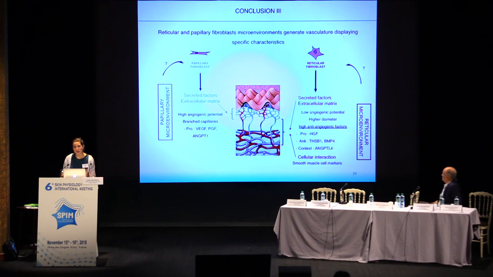To this day, using RNA sequencing, we propose that these differences are due to a difference in expression of genes involved in the pro- or anti-angiogenic regulation of angiogenesis, with more pro-angiogenic genes in the papillary versus anti-angiogenic and context-dependent genes in reticular fibroblasts.